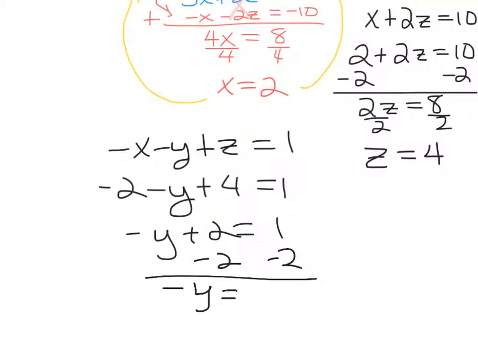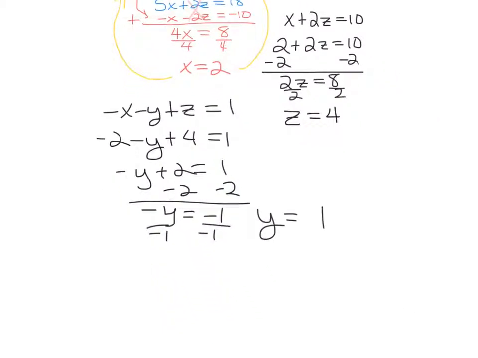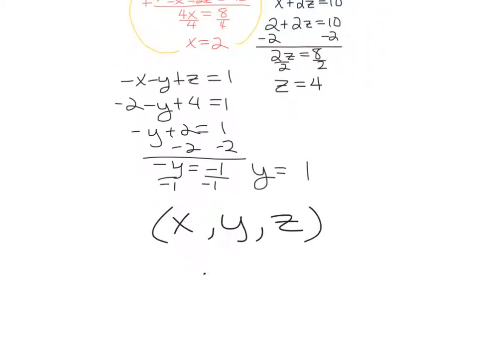So -y, divide by -1. I don't want a -y, so that becomes +1. So my final triple answer here in x, y, z order is going to be 2, 1, and 4. So again, you could plug it back in to make sure it works. I highly recommend that if there's time on your test or quiz.